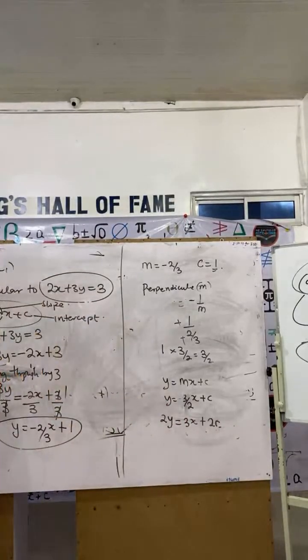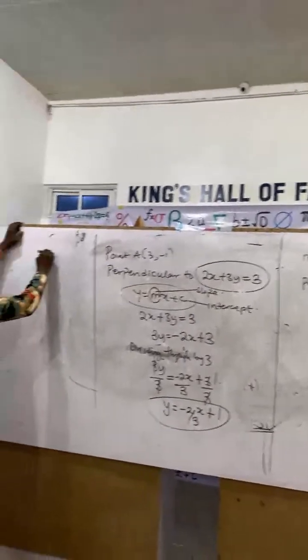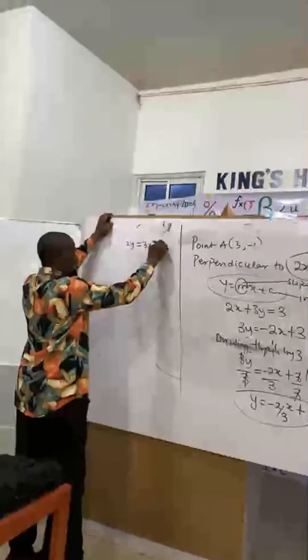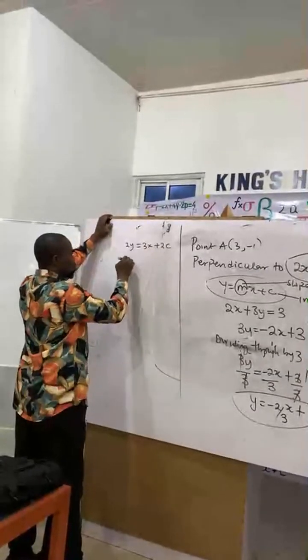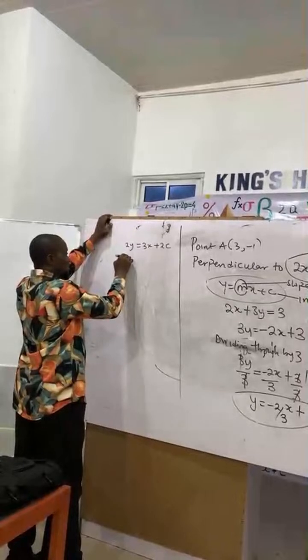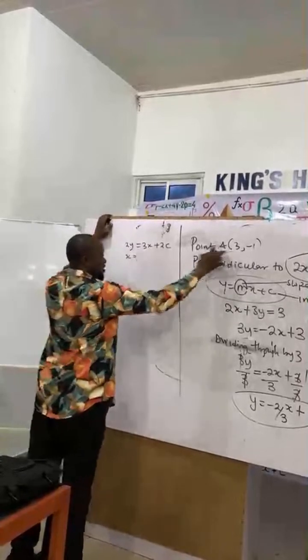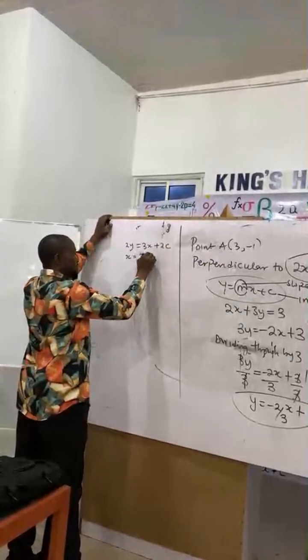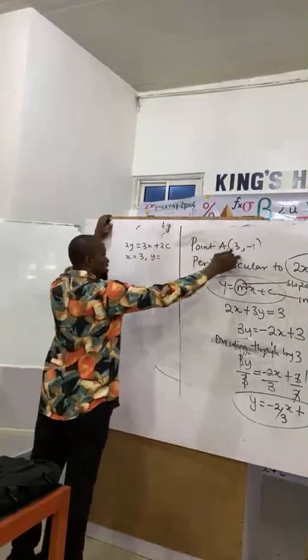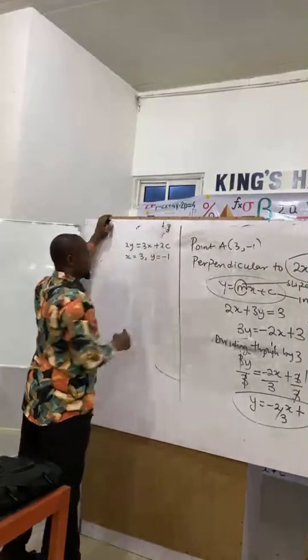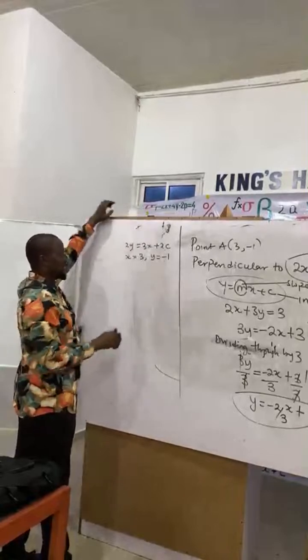So from that point, 2y equals 3x plus 2c. x is given as 3. y is given as minus 1. We can get c here.